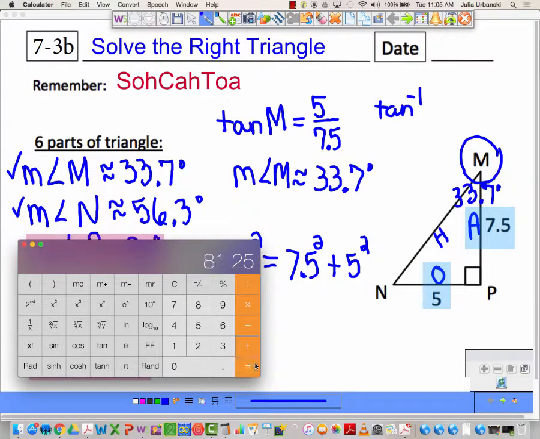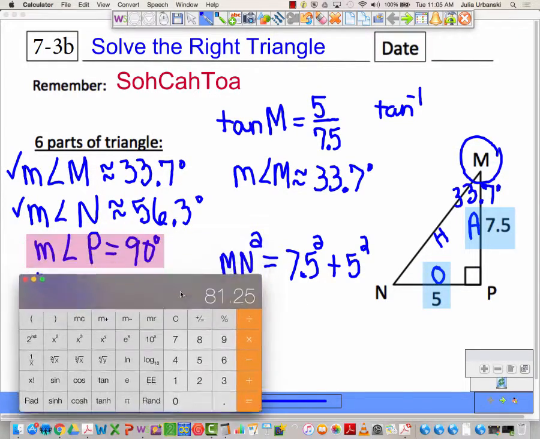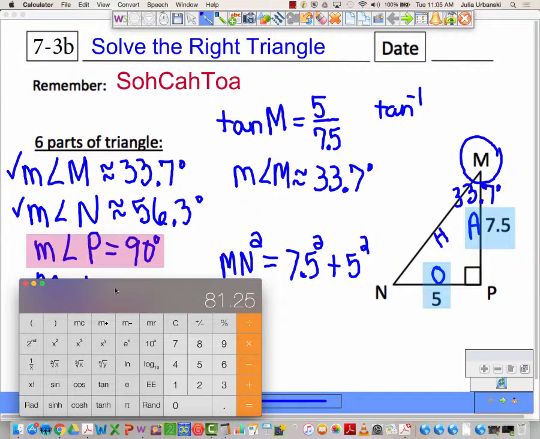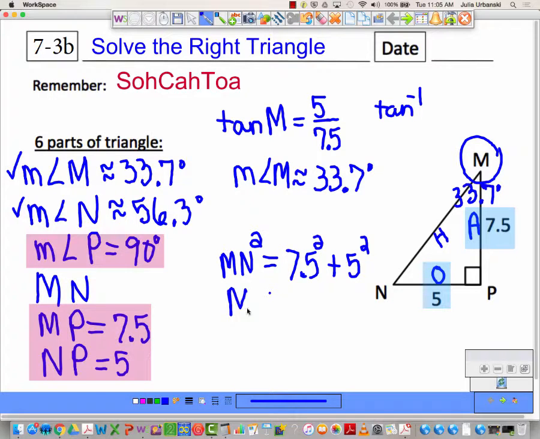Make sure you hit equals. And that's not my answer. That's MN squared. How do I get MN? Square root sign. So we get about 9.0. Because if we're not told, we're going to round to the nearest tenth, unless we're told otherwise. So that's 9.0, or I guess you could say 9.